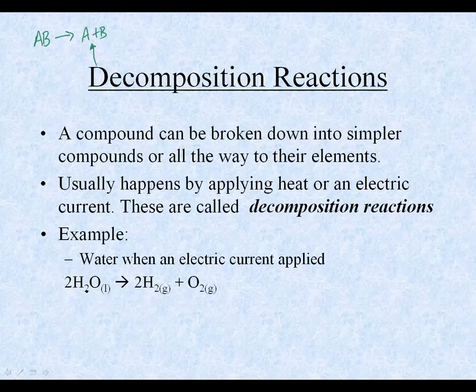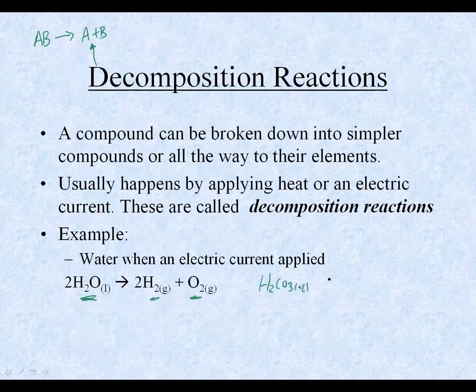So if we take the opposite reaction of our combination reaction, we start with one thing, which is our water here, and we make two things, which is our hydrogen gas and oxygen gas. One thing makes two things, your classic decomposition reaction. Another common one that you see a lot is H2CO3, which is carbonic acid.